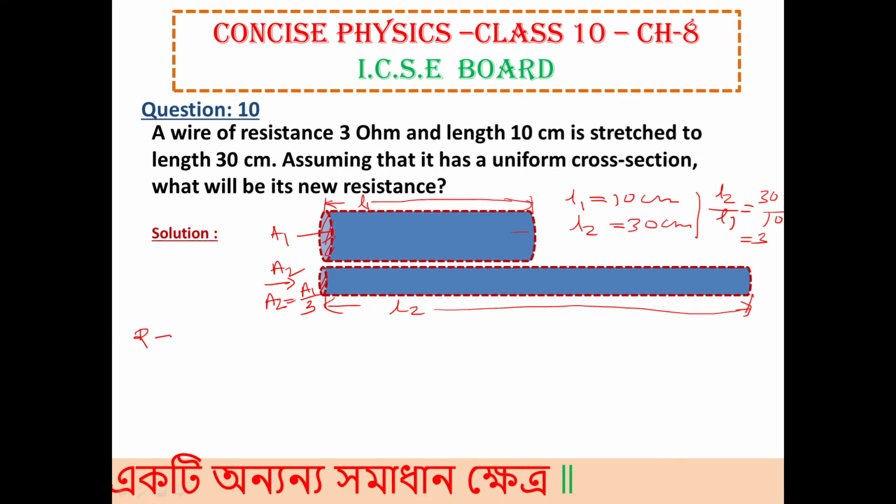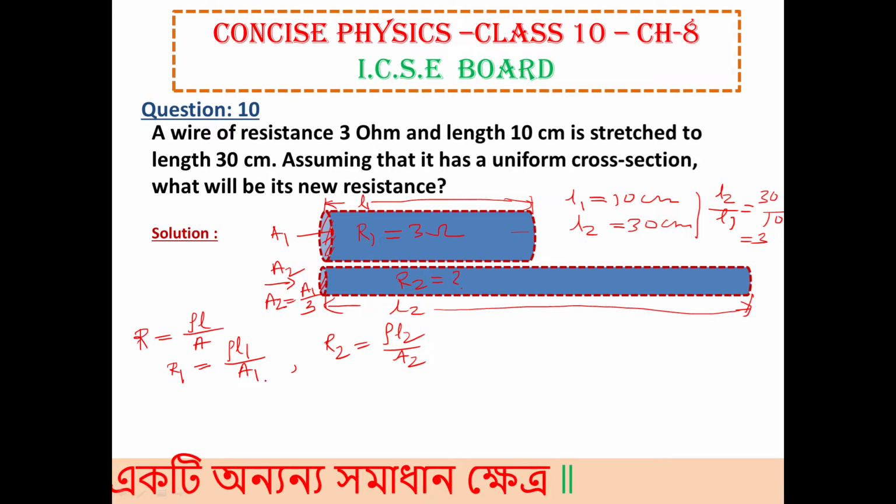We know the resistance equals rho L by A. So I can find out the resistance R1 equal to rho L1 by A1 and R2 equal to rho L2 by A2. Here you see R1 is given 3 ohm, and we will find out R2.